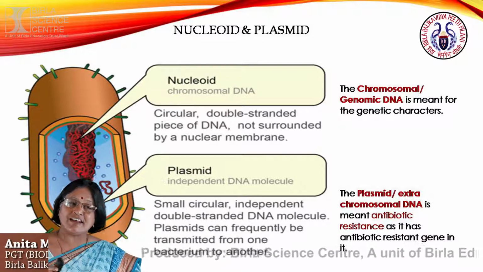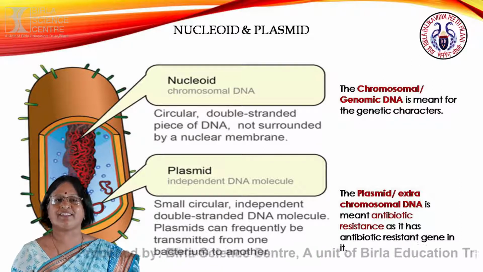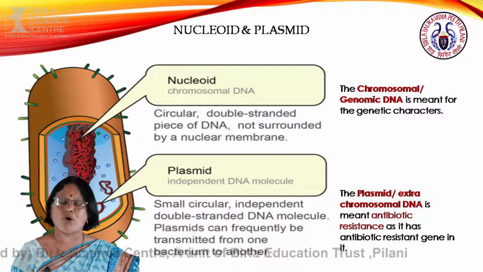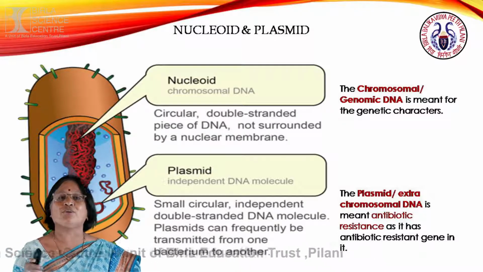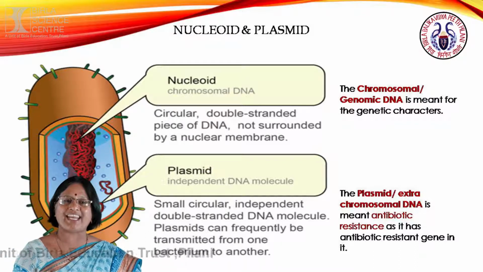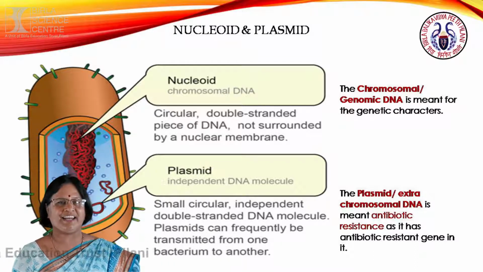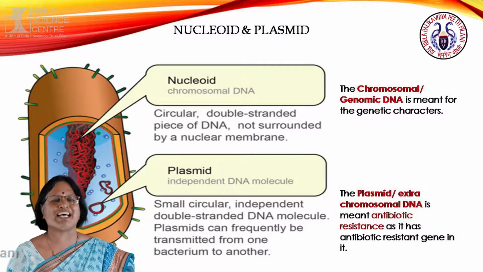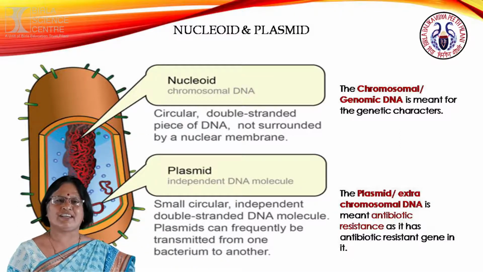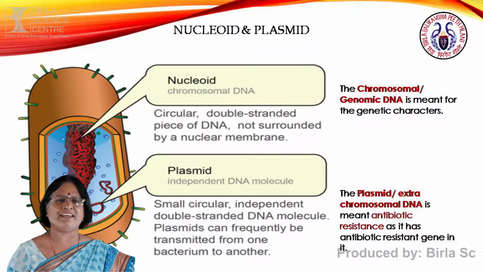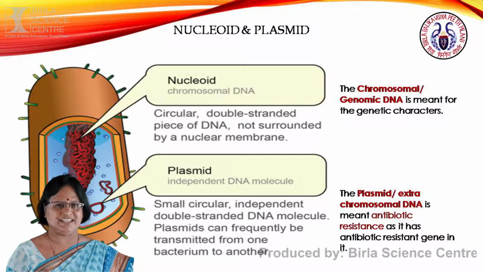Next, there is another DNA also present in some bacterial cells. That DNA is not the chromosomal DNA. It is different, so it is also known as extra-chromosomal DNA. Its technical name is plasmid. This is also a circular double-stranded DNA, but it is quite small in comparison to the nucleoid DNA.